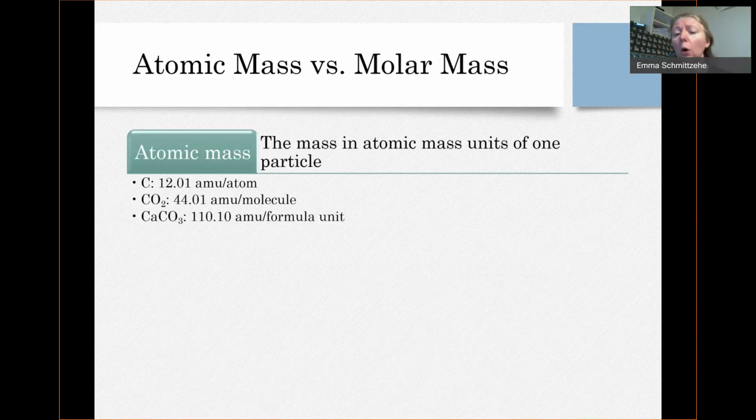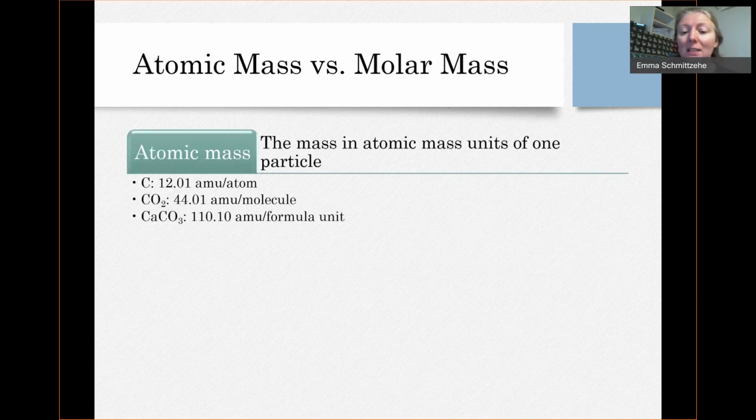So all of these things are called atomic masses. It's masses on the atomic scale, on the order of individual atoms or individual molecules or formula units. Now if you want to get really technical, atomic mass is the proper term for the mass of individual atoms.